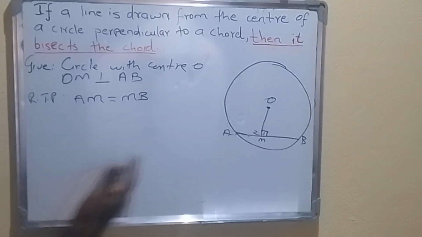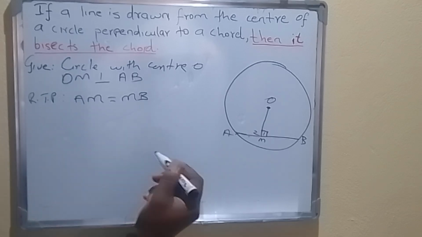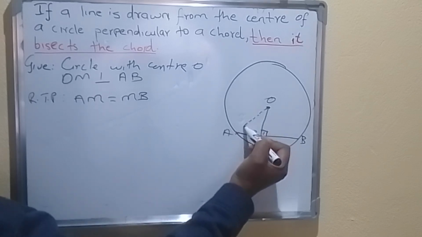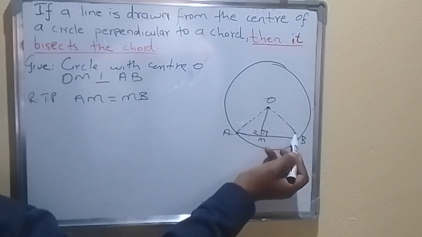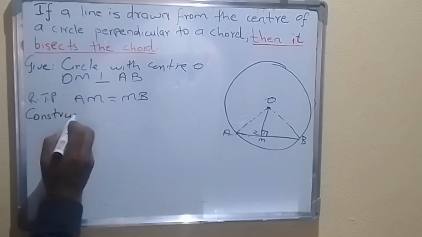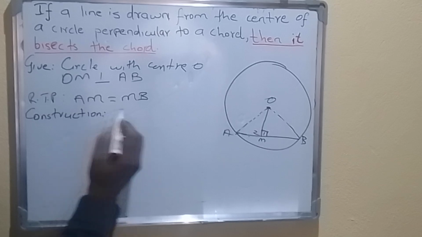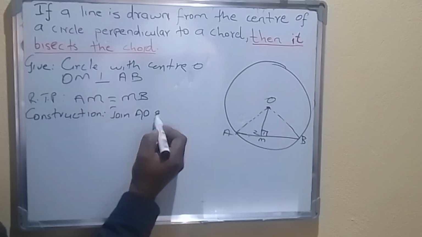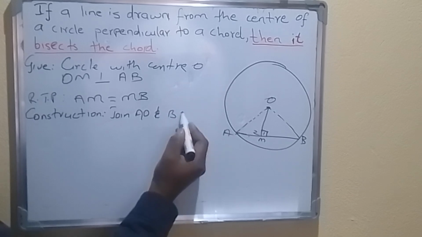But can we prove that AM is equal to MB with this information as it is? No, we cannot. But we can do some construction. Our construction is simply to join AO and BO.